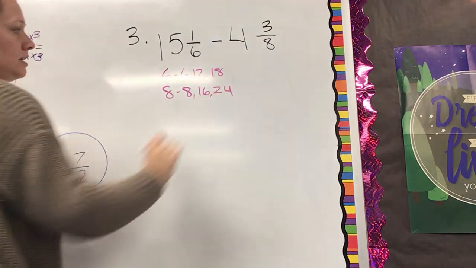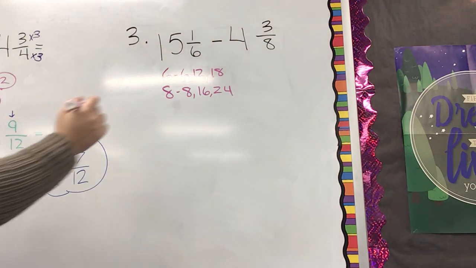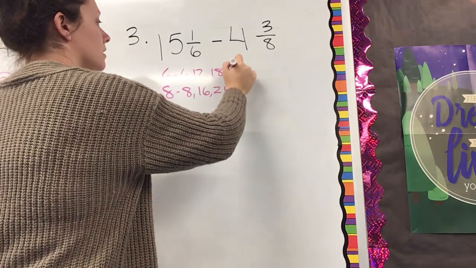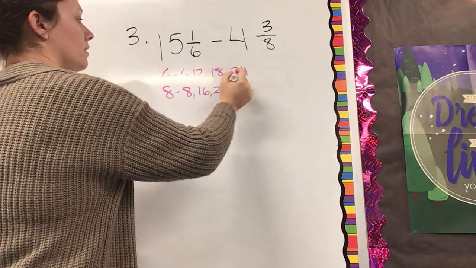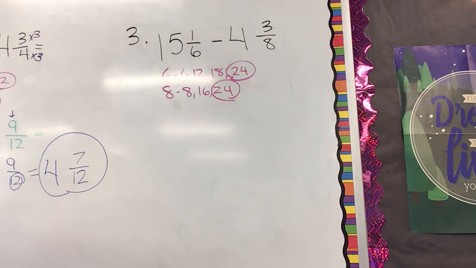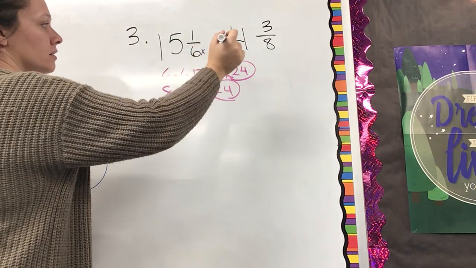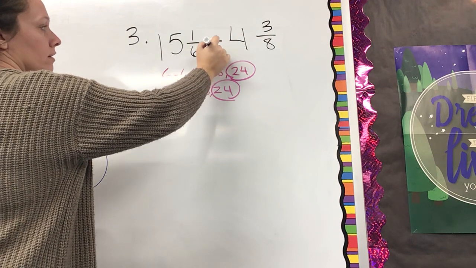I still don't see one, so I'm going to keep going. Oh, now do we have one? We do. 24. So I need to rewrite my fractions having 24 as a common denominator. So 6 times what would give me 24? 6 times 4.